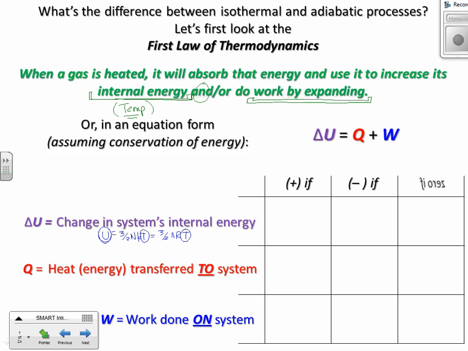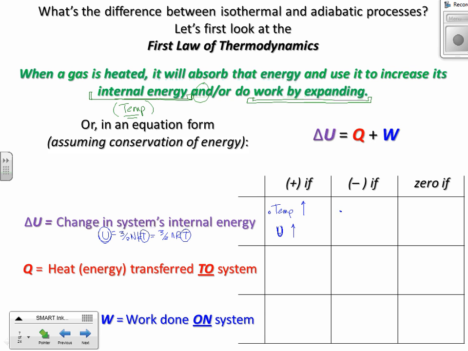Well, let's see. When is delta U positive? Delta U is positive if temperature increases, or really if internal energy increases. It's easier to think about in terms of temperature.